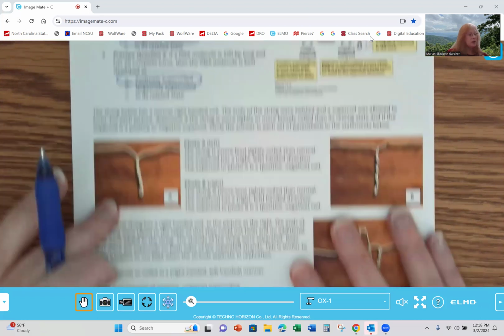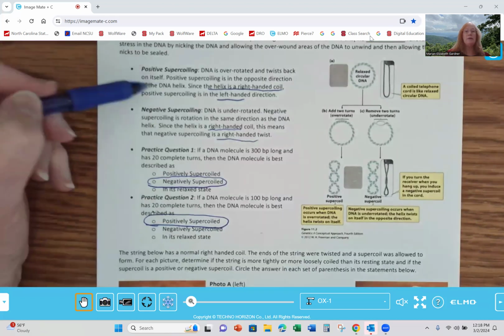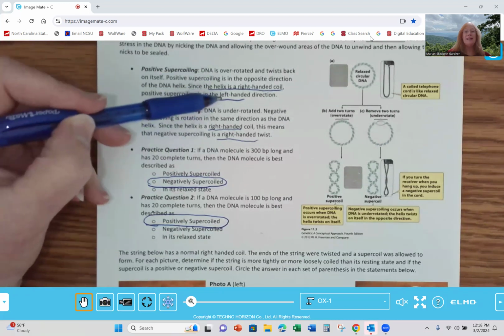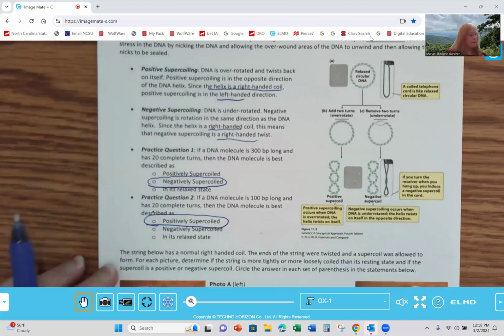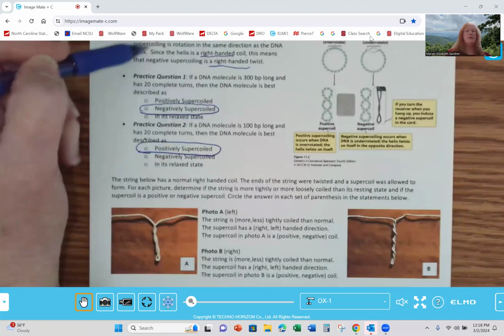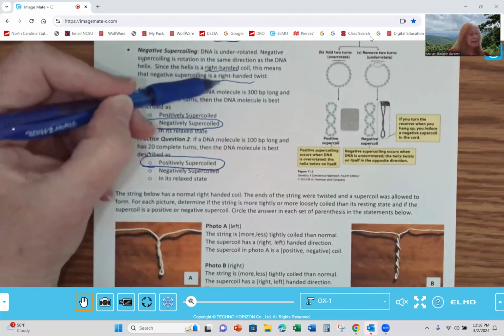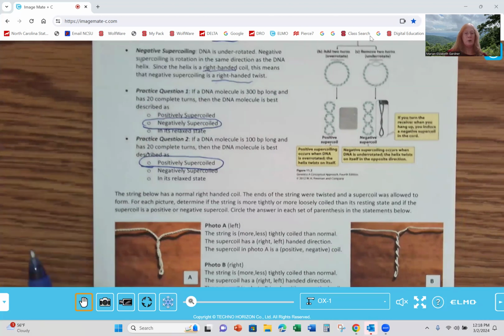So before we answer that, let's review this one more time. Positive supercoil, over-rotated, and the supercoil is in the opposite direction from the normal coil. Negative supercoiling, under-rotated, and the supercoil is in the same direction as the normal coil.